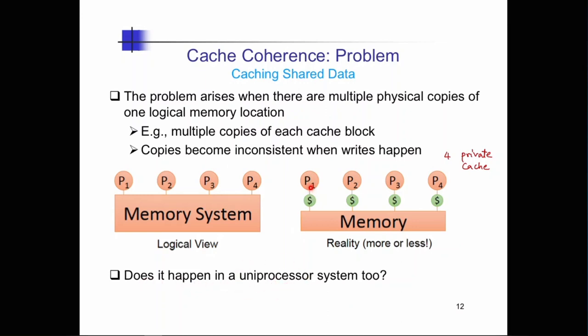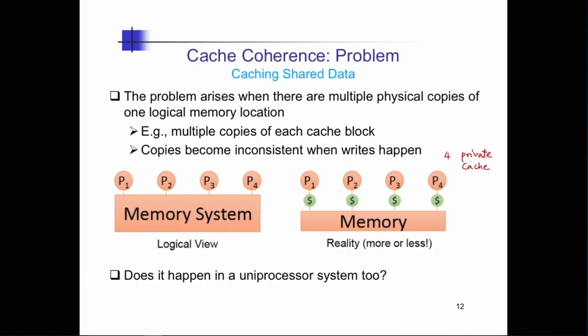If you have only one processor, one cache, and one memory, they are all going to have consistent or coherent content. So we are not going to have this cache coherence problem in that situation. So this problem arises because we are sharing data between multiple processors, and we are also writing to things, so we are changing content as well.